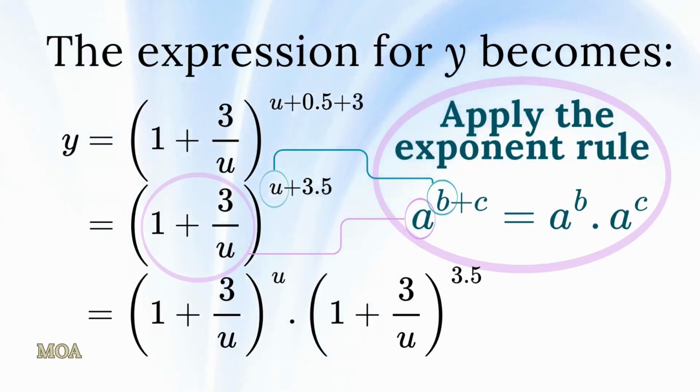Now, using our new variable u, this becomes (1 + 3/u) all raised to the power u + 3.5. Using the product of powers rule, this gives us y equals (1 + 3/u)^u times (1 + 3/u)^3.5.